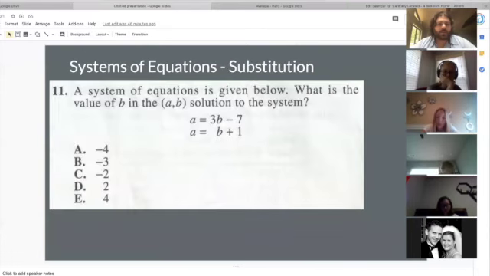All right, a system of equations is given below. What's the value of b in the solution to the system? All right, let's take a minute to work this one. Set a 1-minute timer.